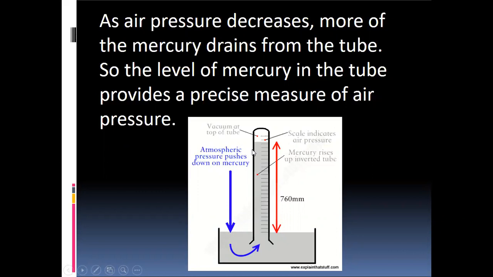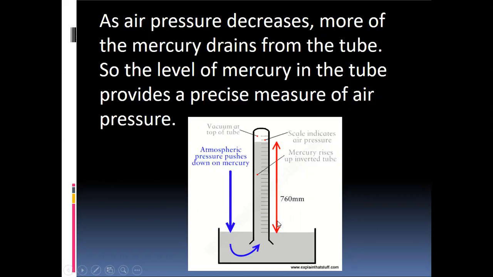The portion above the mercury column is vacuum, as there was no air inside. As there's no air inside, here it is vacuum. The height of the mercury in the tube indicates the atmospheric pressure at that point of time.